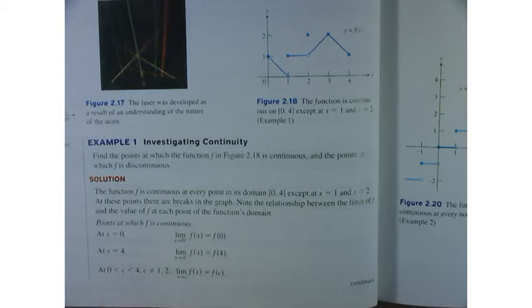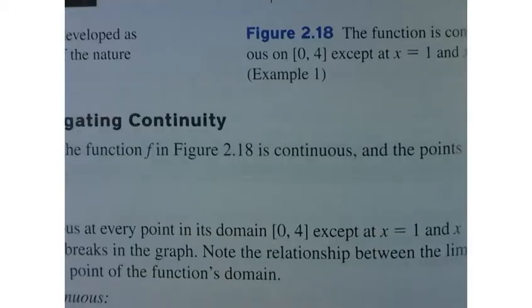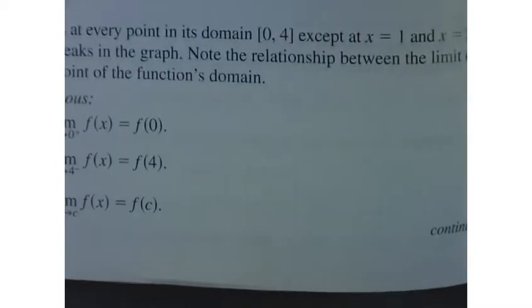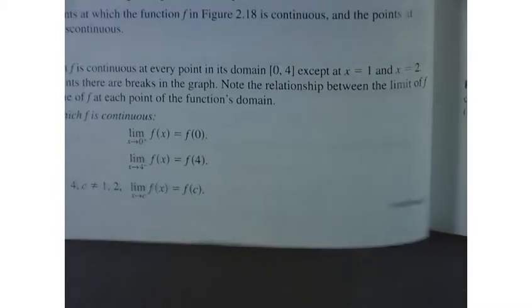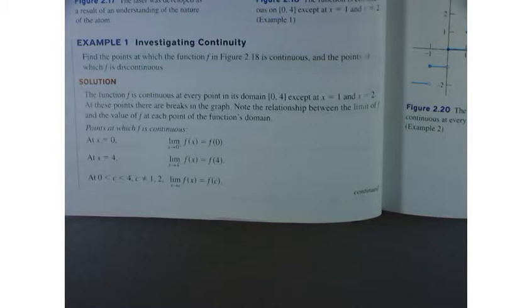And so what they're saying, let me zoom in a little bit, is that for 0 less than c less than 4 and c cannot equal 1, 2, the limit of f of x exists. But it doesn't exist when the function is not continuous.